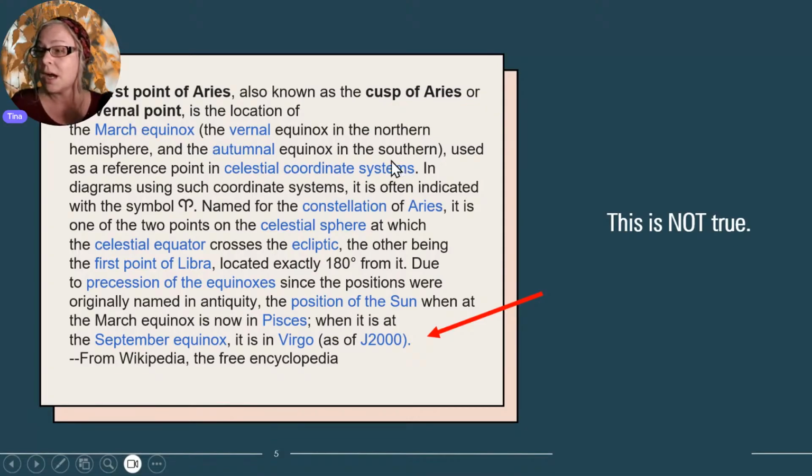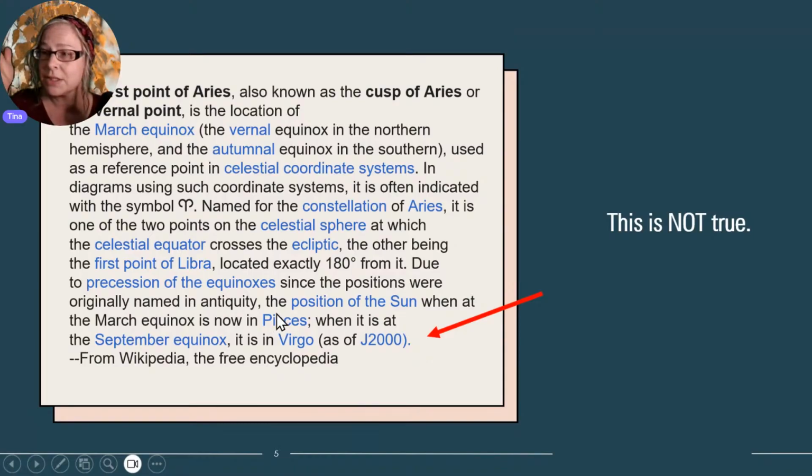And then it goes on to talk about the equinox and that the first point of Libra is located exactly 180 degrees from it. And that's going to come into play in just a little bit because we're going to be using degrees today. And we're going to be looking at Libra and Aries a lot with tonight's discussion.